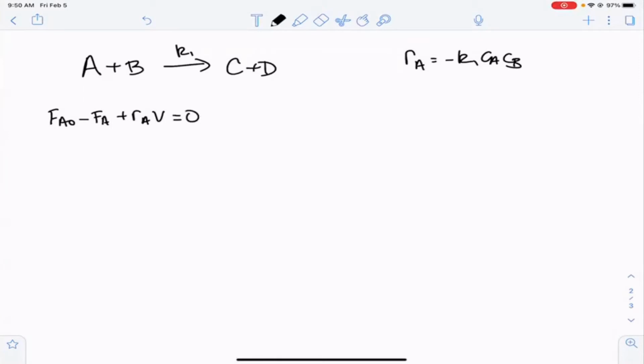And of course, we've done this substitution before, where we know that FA just equals FA0 times 1 minus X in this case.